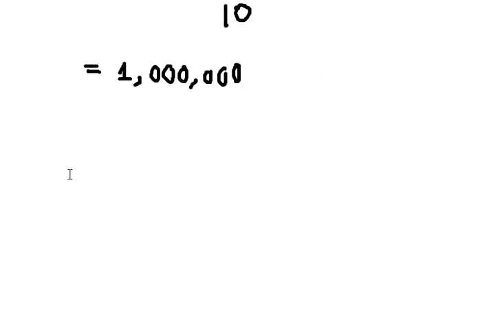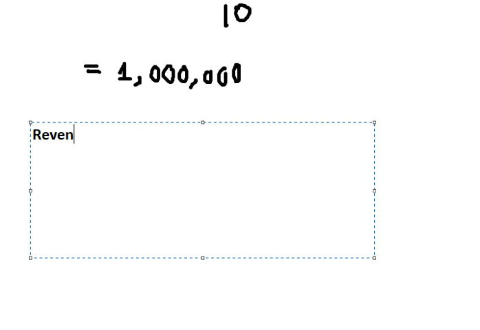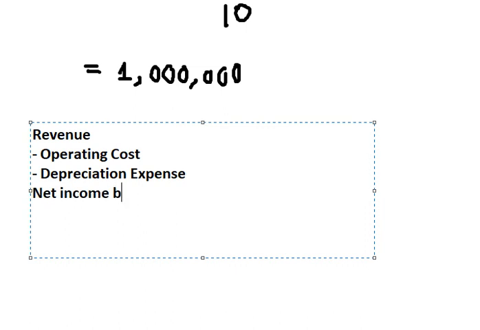Now we have revenue, we minus the operating cost and depreciation expense. So we have net income before tax. Later we minus the tax expense.